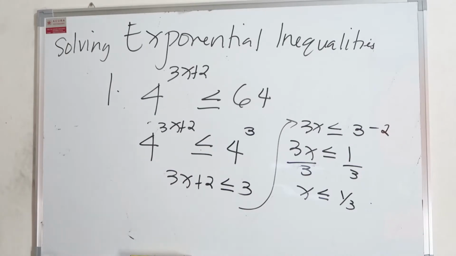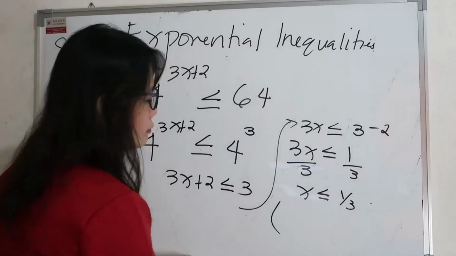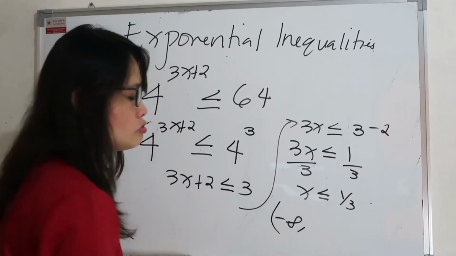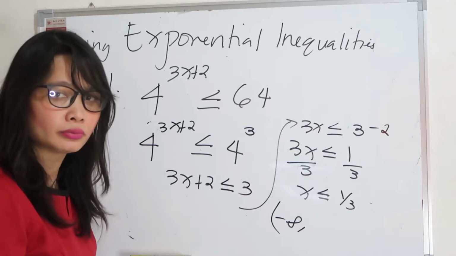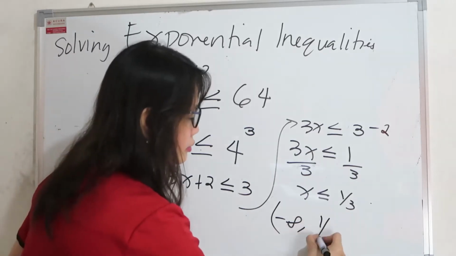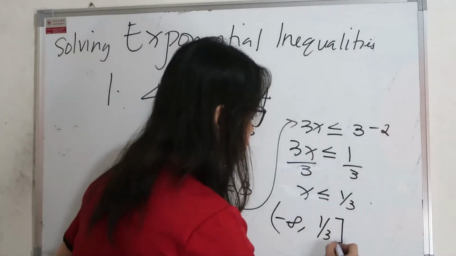Okay? So how do we answer that in interval notation? So that will become negative infinity to 1/3, parenthesis, bracket. Why is it bracket?